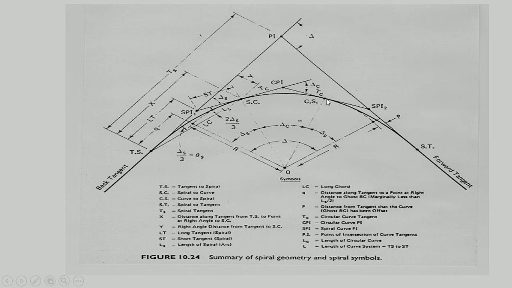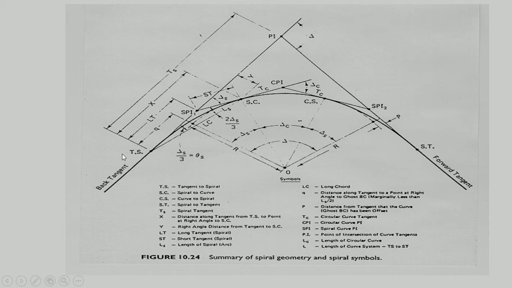The transition curve begins at CS and ends at ST. Smoothly it will be. This is the horizontal curve, this dotted line is the horizontal curve. This also is the horizontal curve. The bold line is what? The transition curve. This bold one.